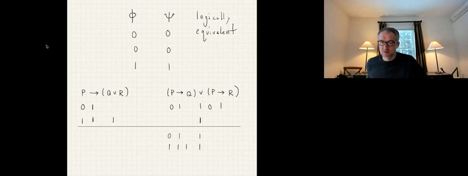You can't have the case where P is 1 and Q is 0. But in either of those cases, the sentence on the left is true, because if P is 0, then this conditional is 1. That's simple because a conditional is always true when its antecedent is false. But on the other hand, in the next row, if Q is 1, then this disjunction is 1, and therefore the conditional here is 1. In both cases, it's 1.